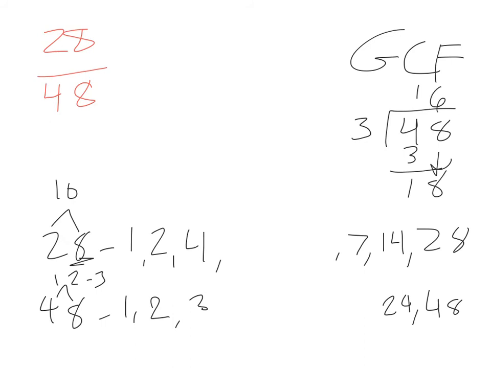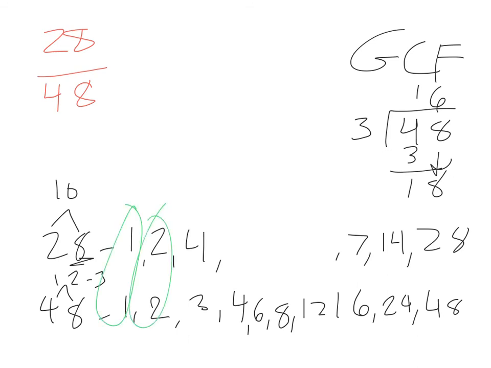So 16 goes in 16 times. I learned something new today. 4 does go into it. 4 goes into it 12 times. 5 does not. 6 does. 6 times 8 is 48. And 7 does not go into it. Let's look for my matches. 1, 2, 4. That appears to be it.